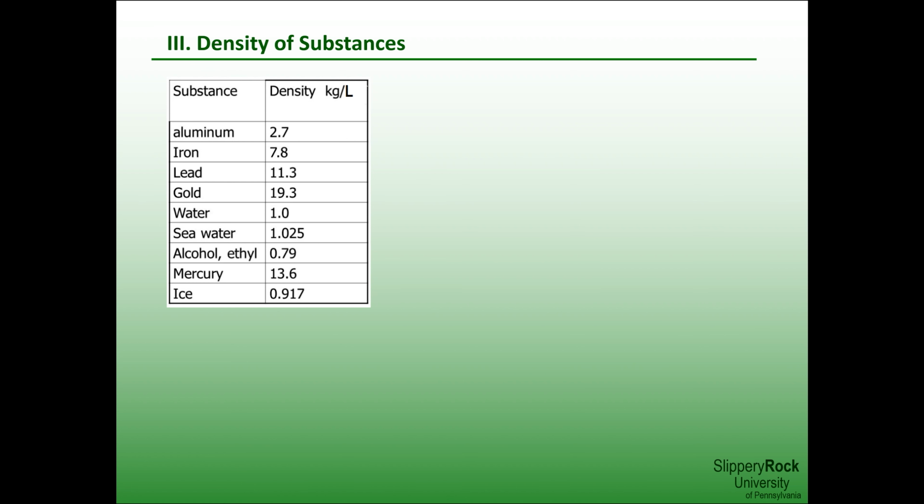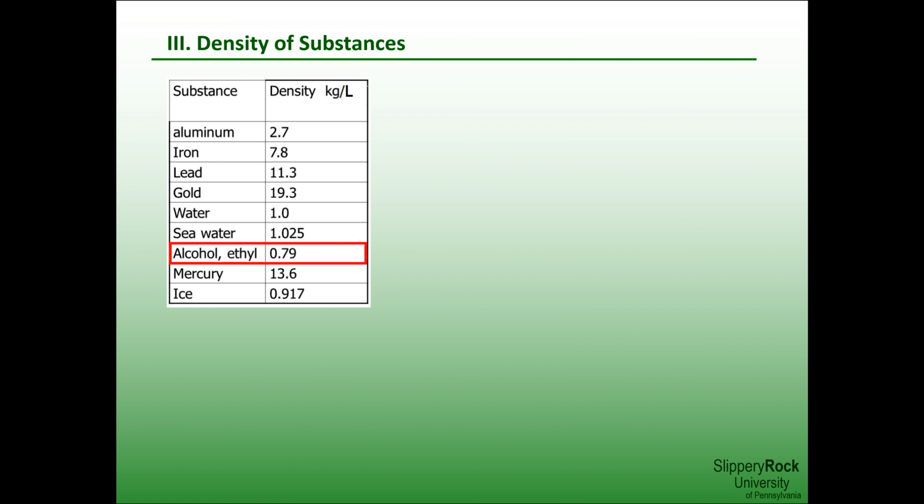Remember, density equals mass per unit volume. So, when substances have the same volume, the one with the higher density will have the greater mass and thus feel heavier. Let's look at some examples from the table. Ethyl alcohol has a density of 0.79 kilograms per liter, which is less than that of water.